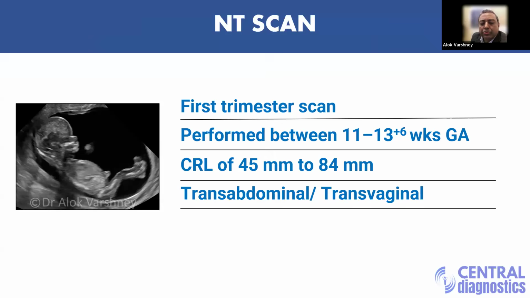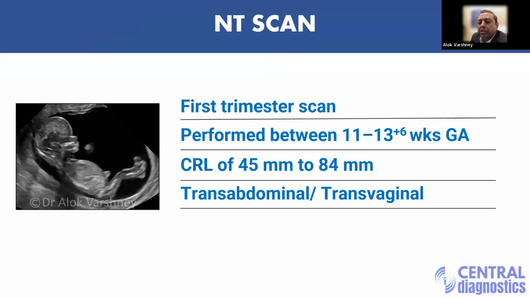But as soon as I find something unusual or abnormal, or if I'm not able to acquire good planes on a transabdominal scan, I shift to a transvaginal scan, which offers many advantages because now we are much closer to the baby and we are using a high frequency probe.